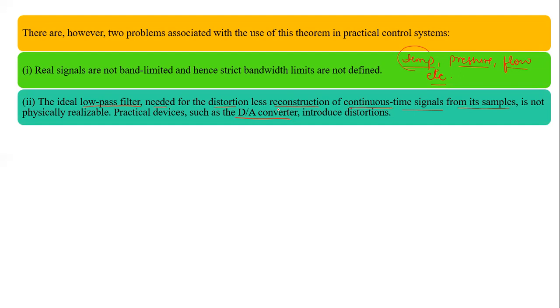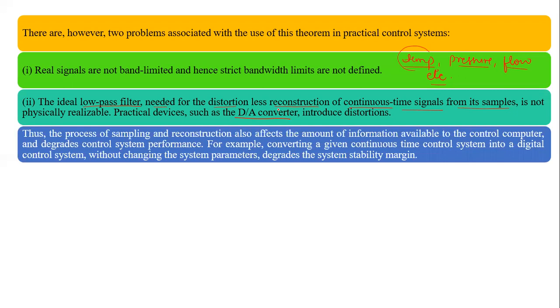But since we are applying the sampling theorem to real-time signals which are not band limited, which do not have a specific bandwidth and may have a lot of noise components present in them, it is quite difficult to have perfect reconstruction of the signal. So these two issues are always related to the conversion, or related to the implementation of digital control, because without using the digital signal we cannot expect digital control of any process.